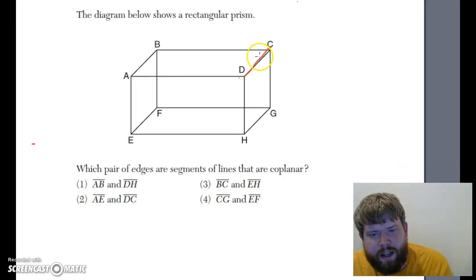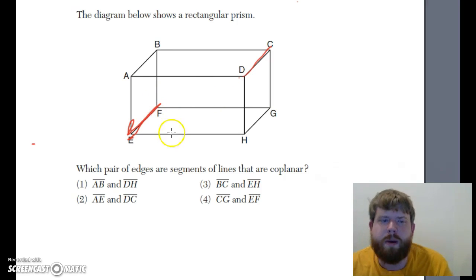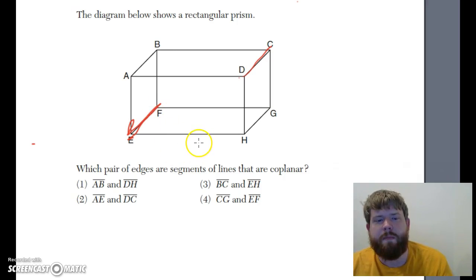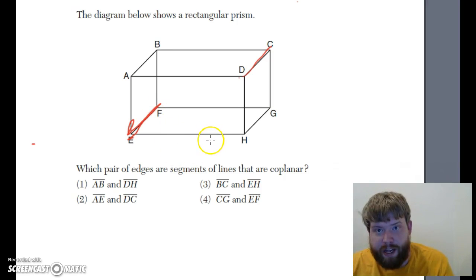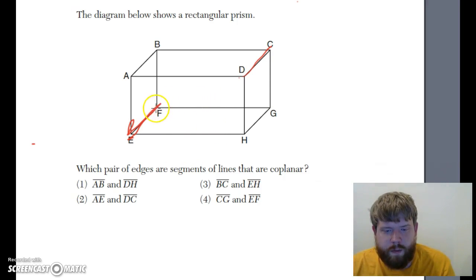But DC is also coplanar with EF. And you might think, wait a minute, that's not right. They don't share any sides of the box. What you need to remember is that coplanar means they can be together on any plane, even planes that aren't actually drawn in this picture.